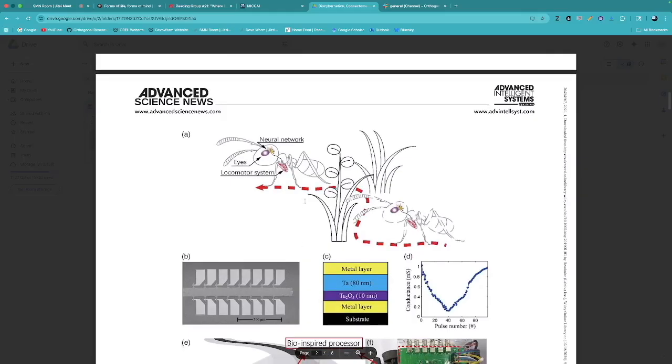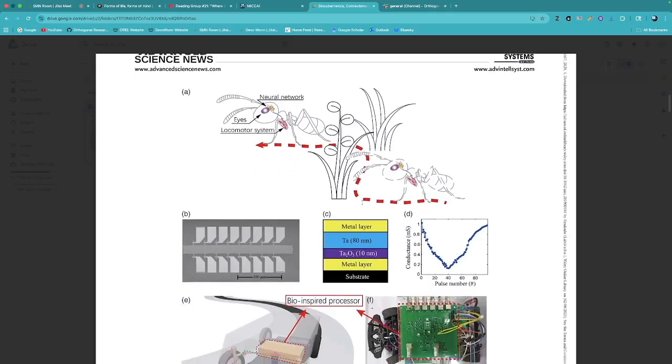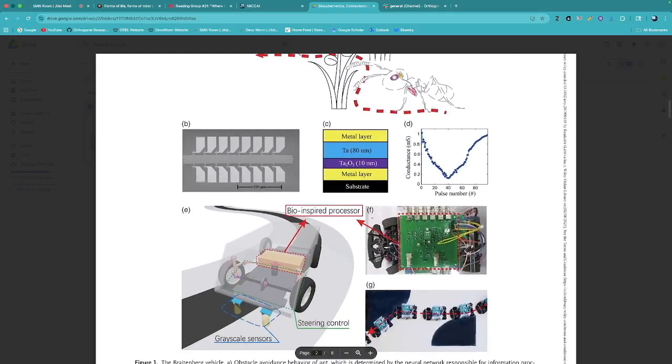So this is an example, of course, of an insect nervous system where you have the compound eyes, you have the brain, you have the locomotor system, and things are coming into the eyes, being processed by the nervous system, and then being mapped out as movements in the limbs. So you can see that here. And that was, of course, the inspiration for Braitenberg vehicles, which you see an example of here.